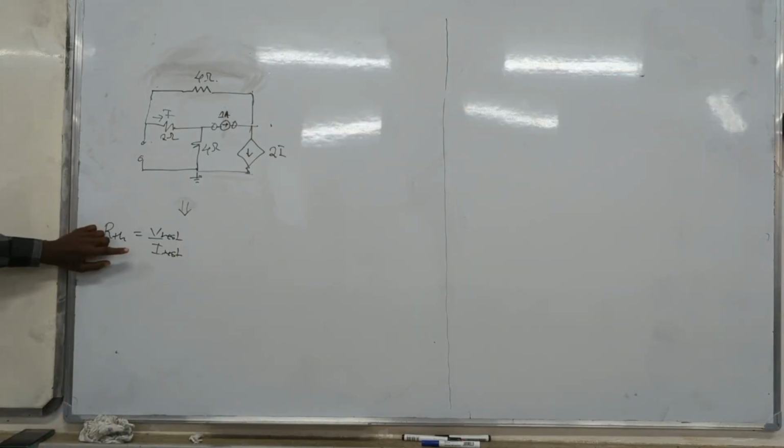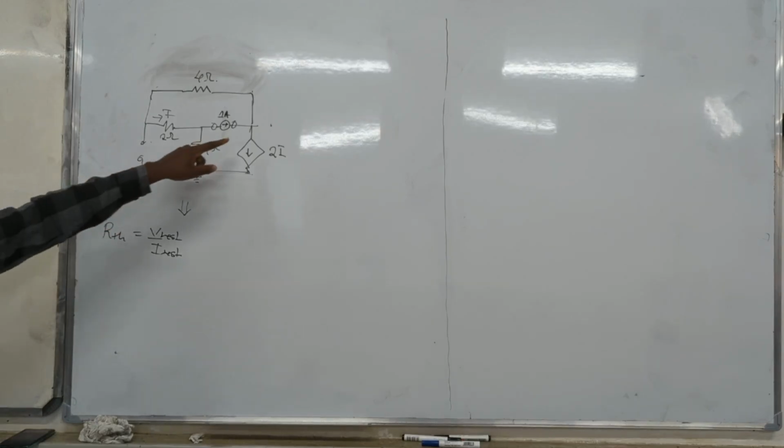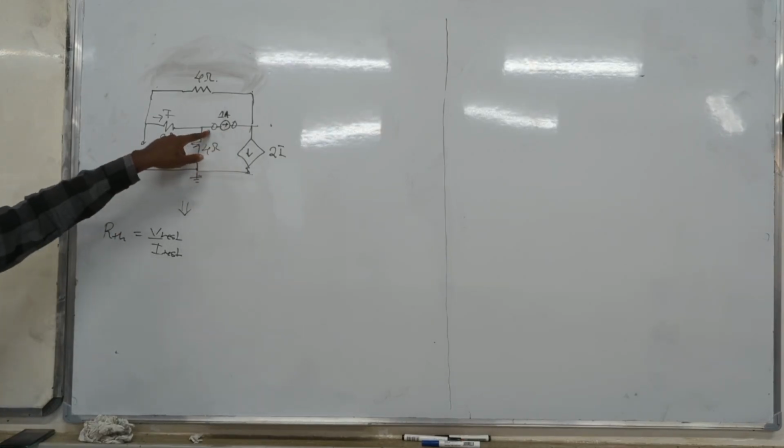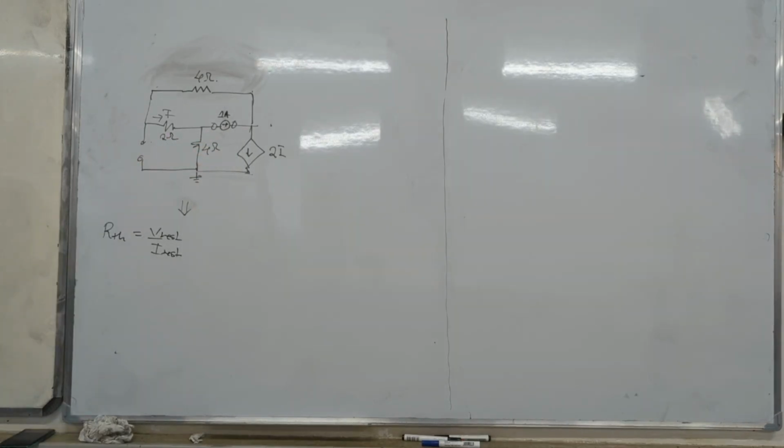So if you set current, meaning you have to calculate what? Voltage. We have to calculate the voltage which is across there for you to get the RTH.